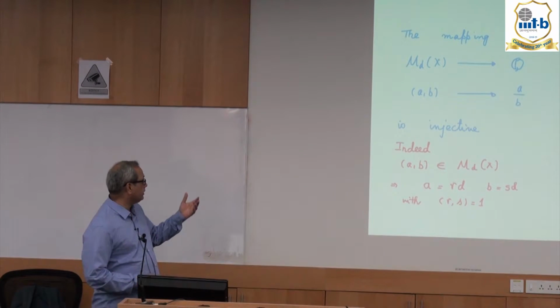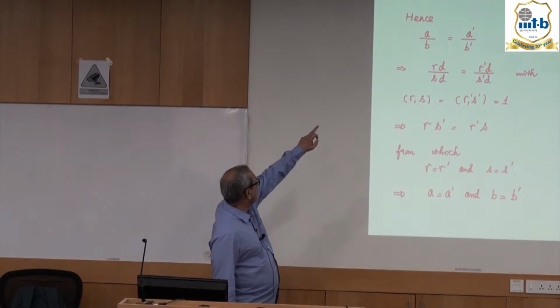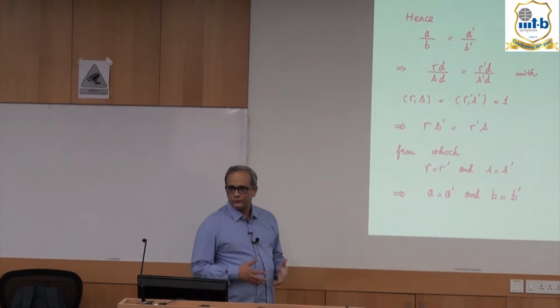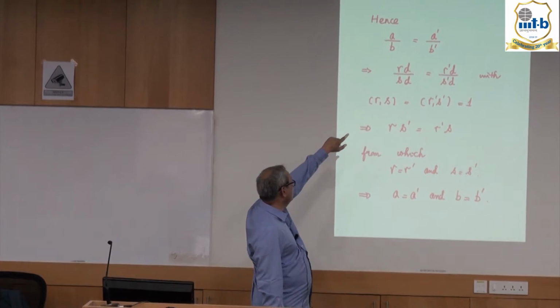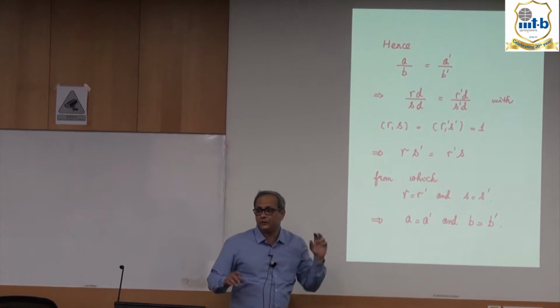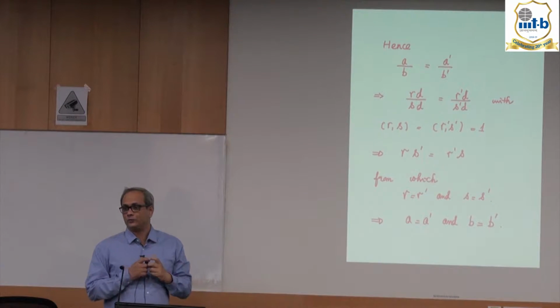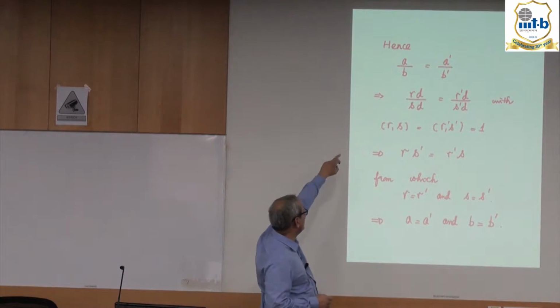Right? Now suppose that you have a/b equal to a'/b'. You have two ratios equal. That means you have rd/sd equal to r'd/s'd, because the GCD of (a, b) and (a', b') is the same d, since both belong to M_d(x).